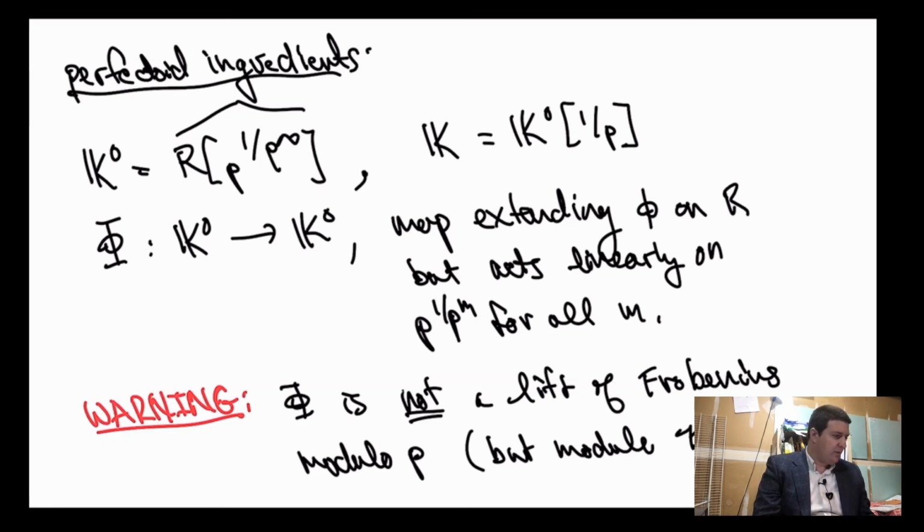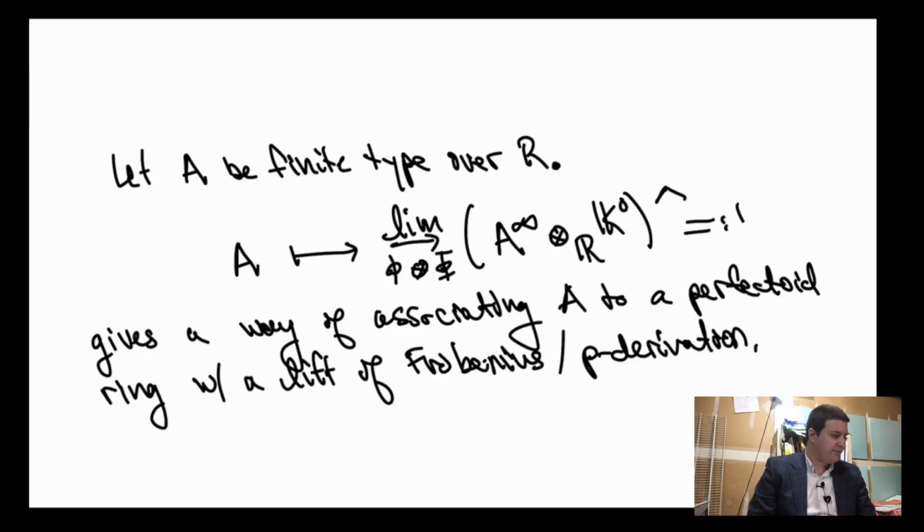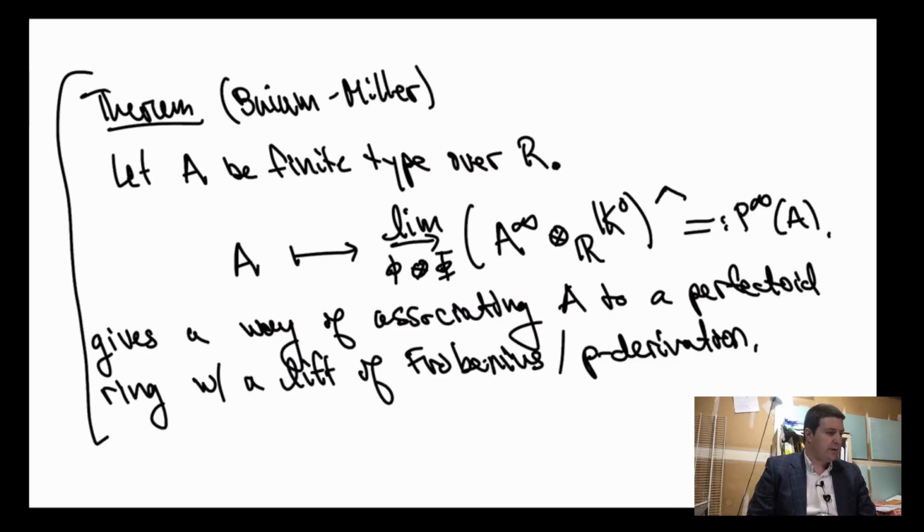Okay, so what I can do now is something that is kind of weird, right? Given one of these finite type rings over R, it could be the formal version, or you can take literally a ring instead of just formally finite type, just generators modulo relations, right?